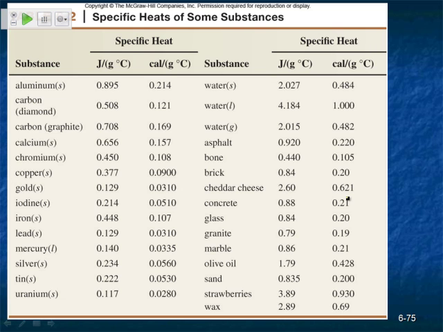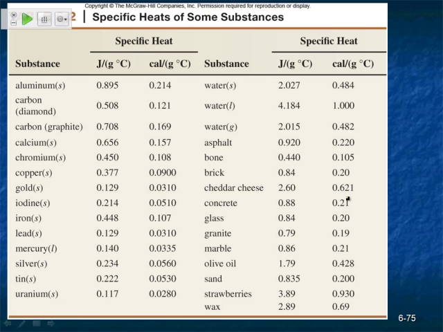And then we have things from our daily life. Strawberries, olive oil, cheese. So it's again just for a comparison or idea. Well, what can we look at in this table and see?